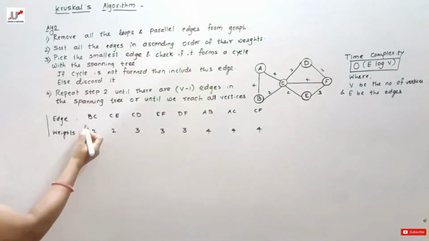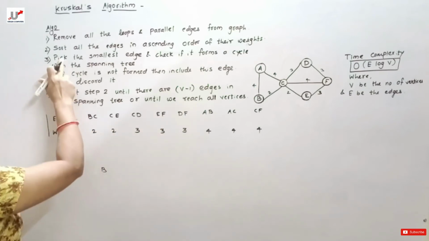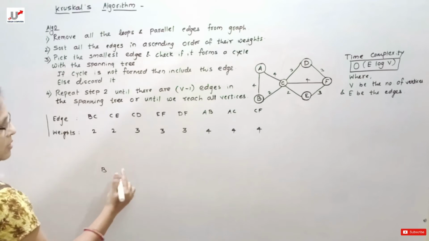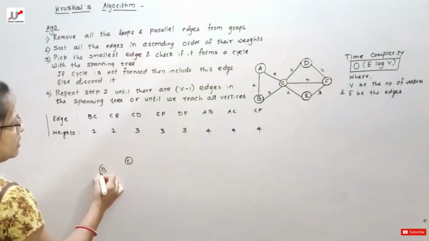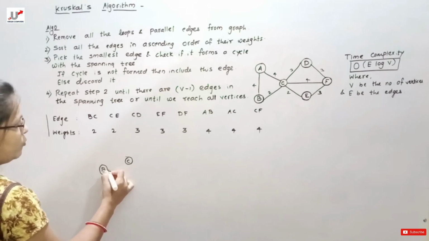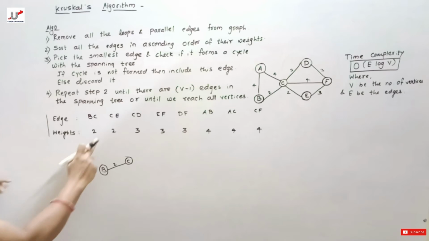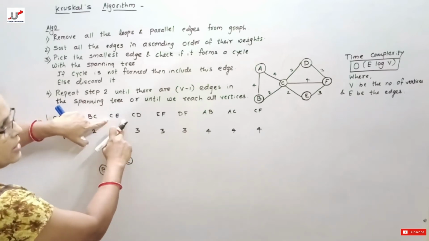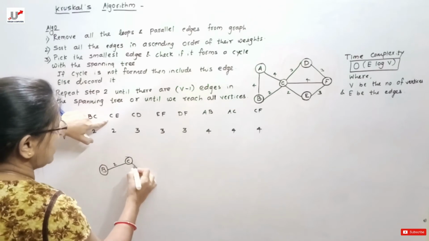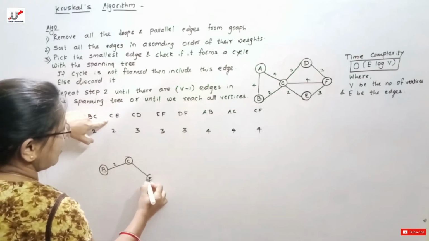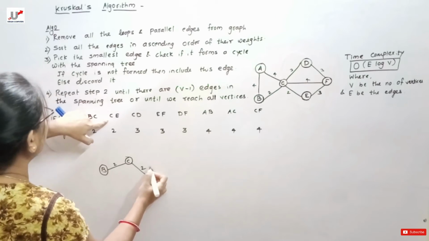So here BC, we have to pick the smallest edge, B, C having the smallest weight of 2. Then the next edge is CE, between node C and E, having weight 2.